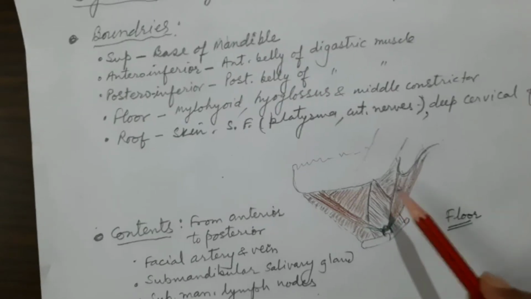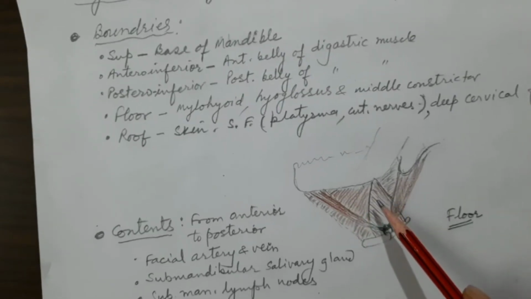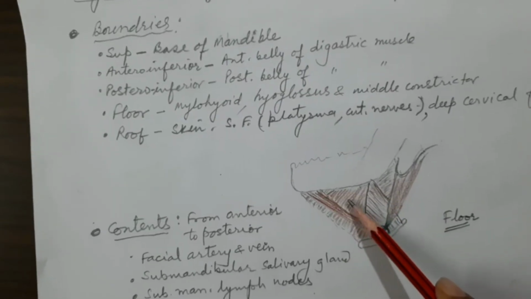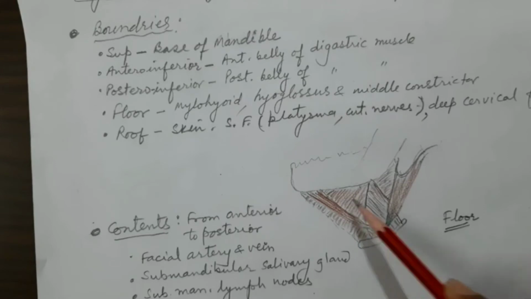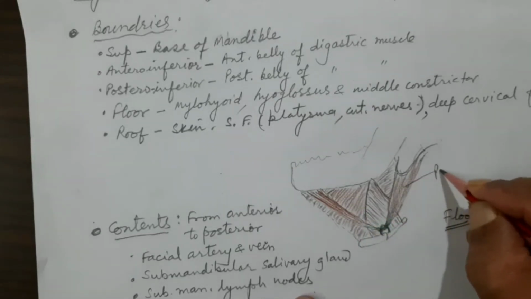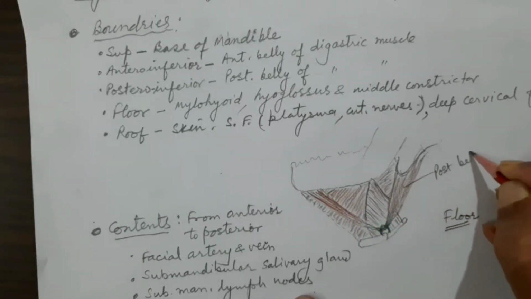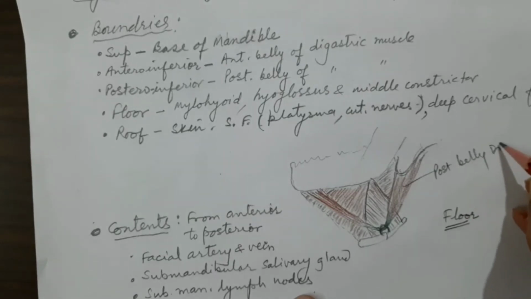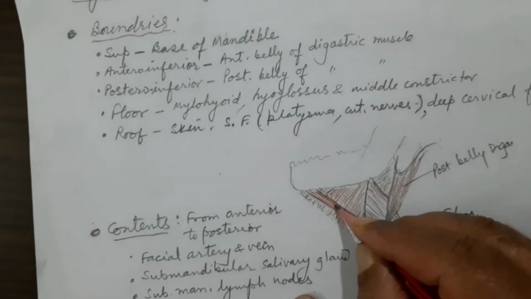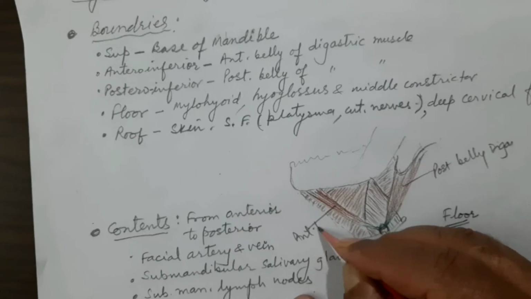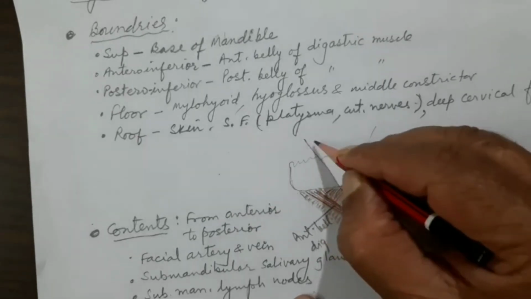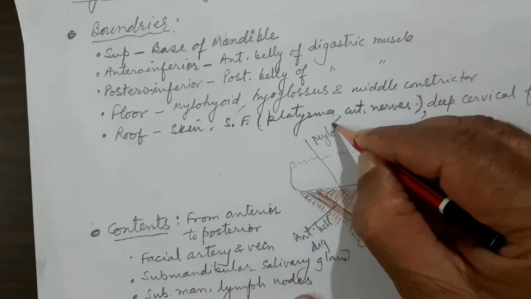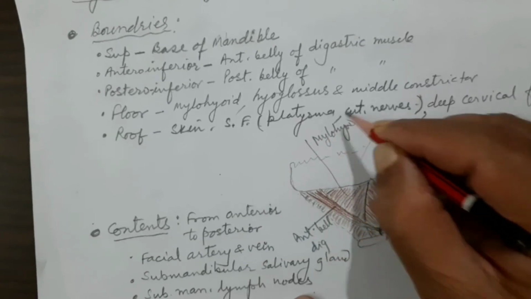Floor: this is the muscle shown for the floor. This muscle we have already seen in the submental triangle, extending into the digastric triangle also. So it is the mylohyoid muscle. Here is the posterior belly of digastric, anterior belly of digastric, and this is the mylohyoid muscle in the floor.